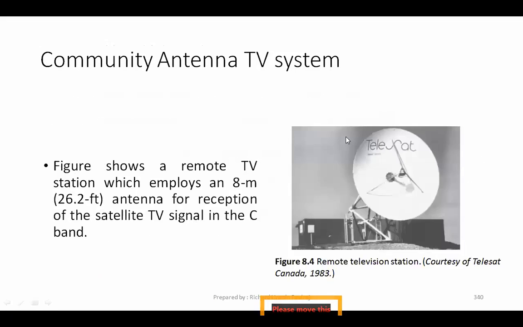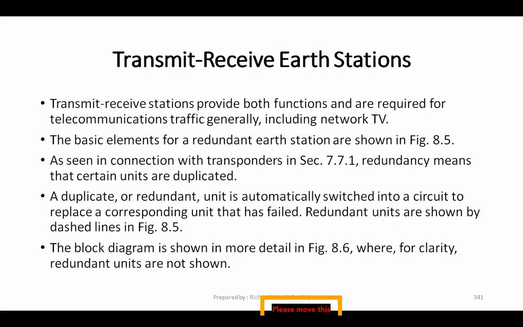This was one such example taken up of Telesat from Canada in 1983. Here we were able to see that the antenna was about 26 feet, which is about 8 meters, and it was operating in C band.